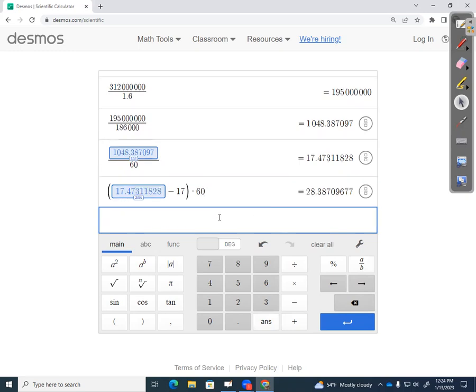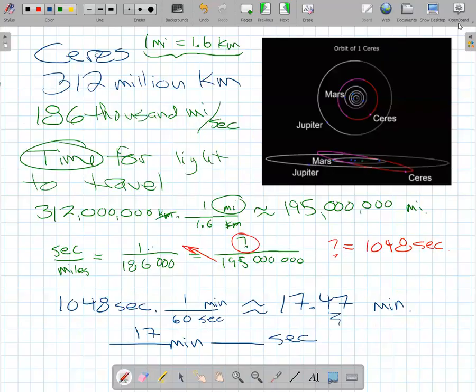Otherwise, there's nothing stopping you from just typing 0.47 or 473 and then multiplying that by 60. That works too. 28 seconds. Close enough. And if this number was bigger, I could divide by 60 again and change it into hours, minutes, and seconds if I wanted to, by repeating that process twice to break that down all the way.